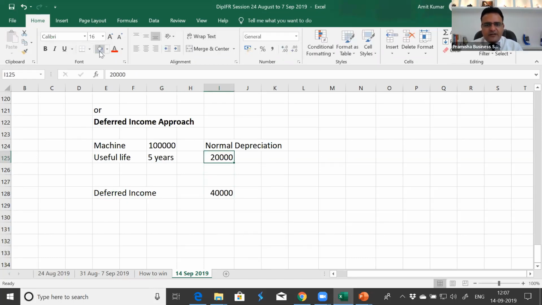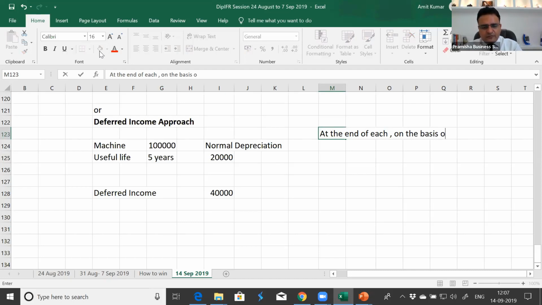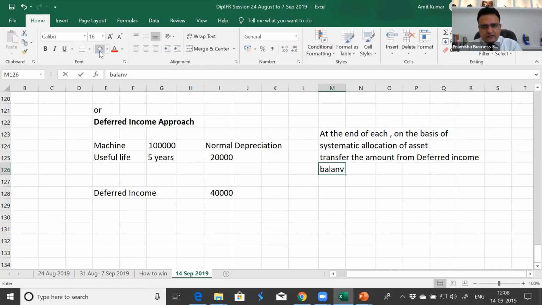And at the end of each year, on the basis of systematic allocation of the asset, transfer the amount from the deferred income balance to P&L at the end of each year.